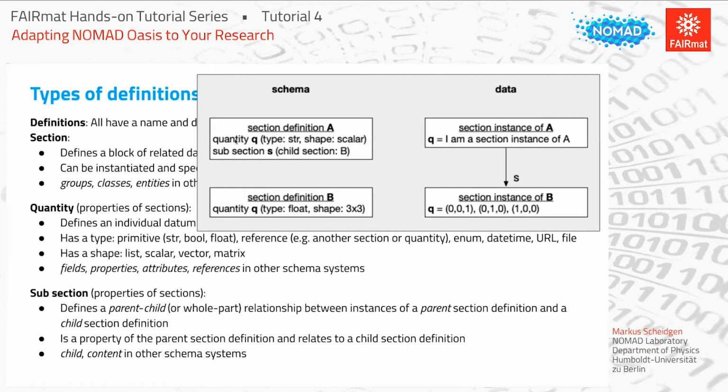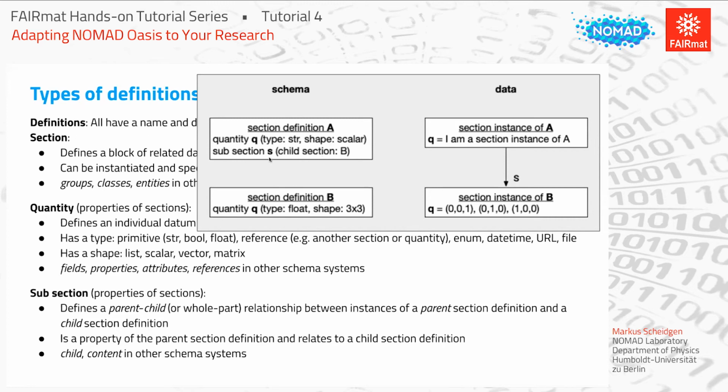So for example, I want to say in section A, I can have a quantity Q, and this quantity has a type. Q can be a string, and it has a shape. Like in this example, I say it's just a scalar, so it's just one value. So the section A can have a quantity Q that is of type string and that can take one value. This is basically what this definition is saying.